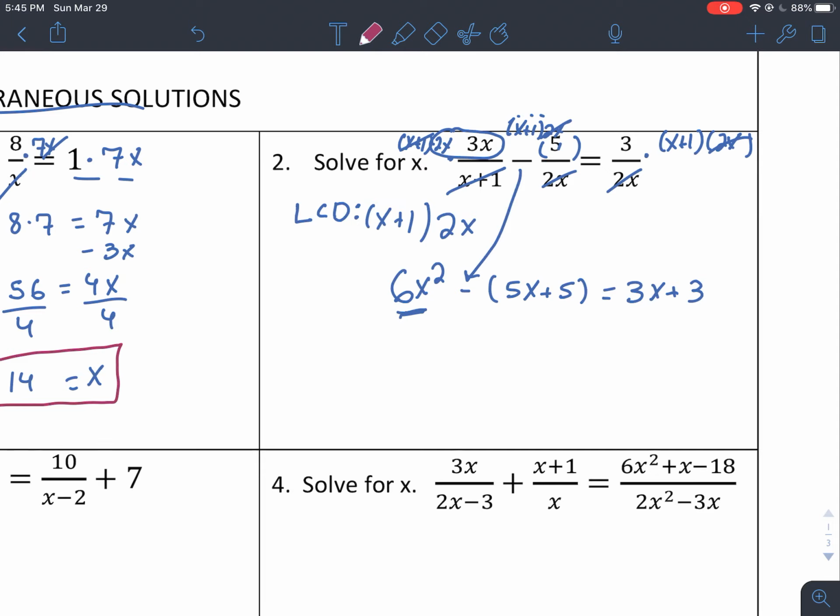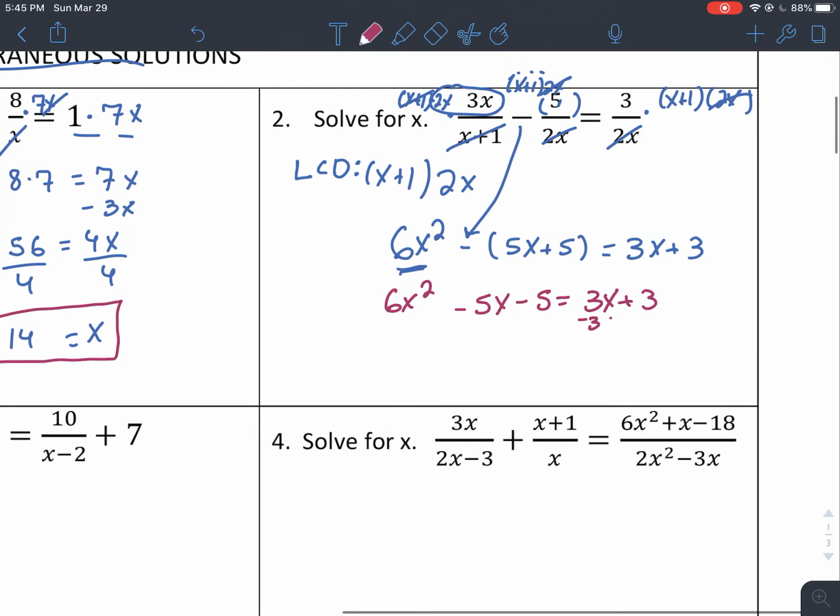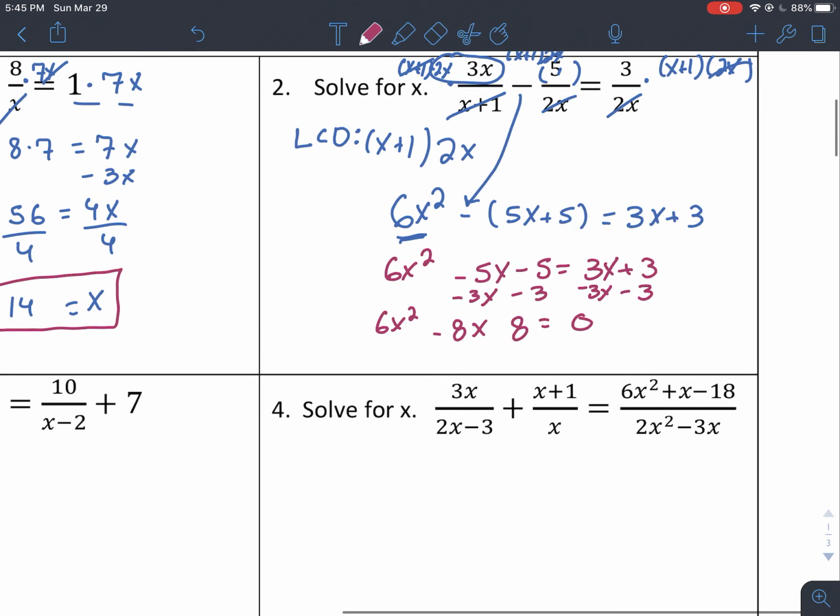I hope someone said set it equal to 0, because that's exactly what we got to do. So it would be 6x squared minus 5x minus 5 is equal to 3x plus 3. We subtract 3x and 3 from both sides. So we get 6x squared minus 8x minus 8 equals 0.